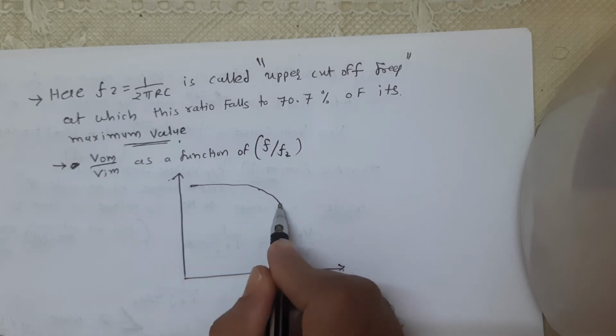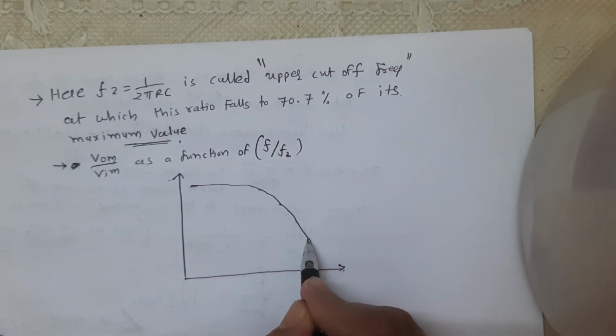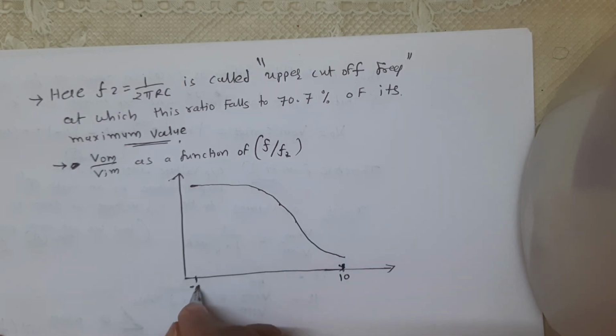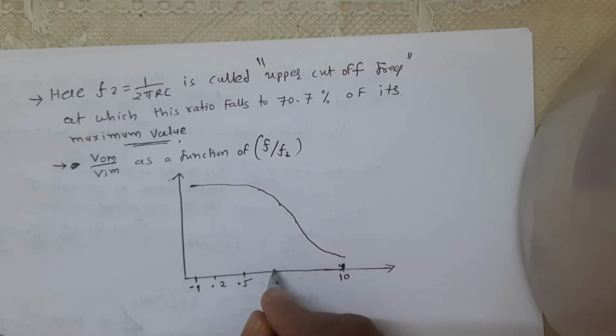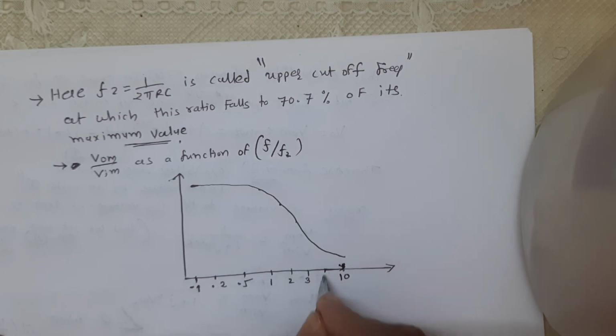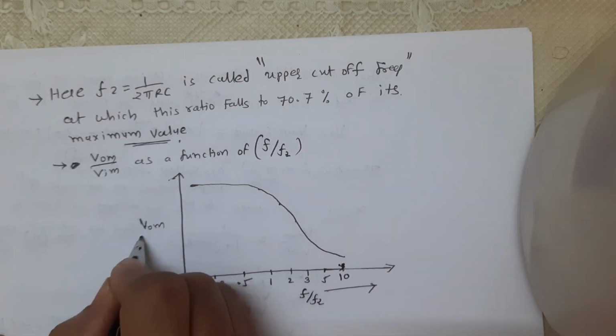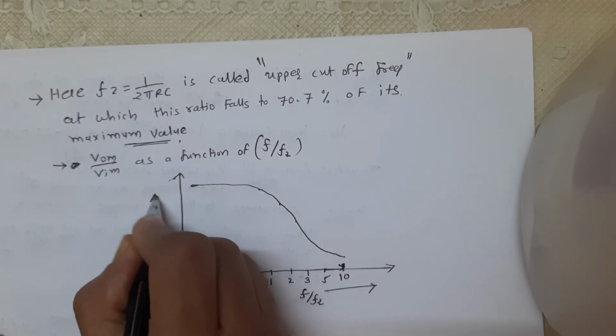When the frequency increases, the output decreases, and we get this type of structure. This is 0.1, this is 0.2, this is 0.5, this is 1, this is 2, this is 3, this is 5, this is 10. This is f upon f2 on the x-axis and VOM upon VIM on the y-axis.